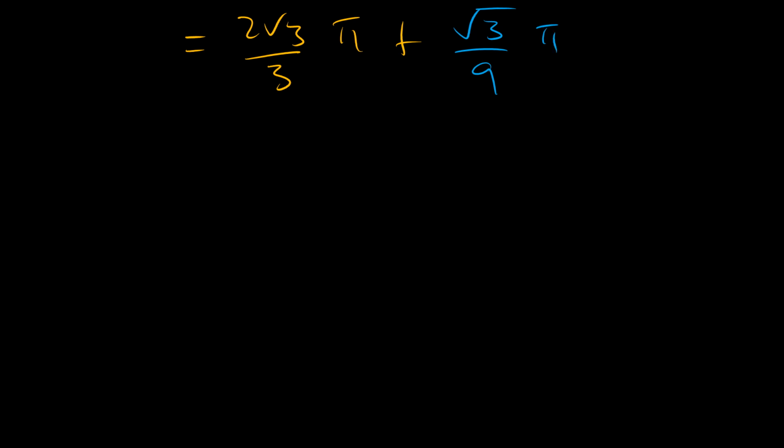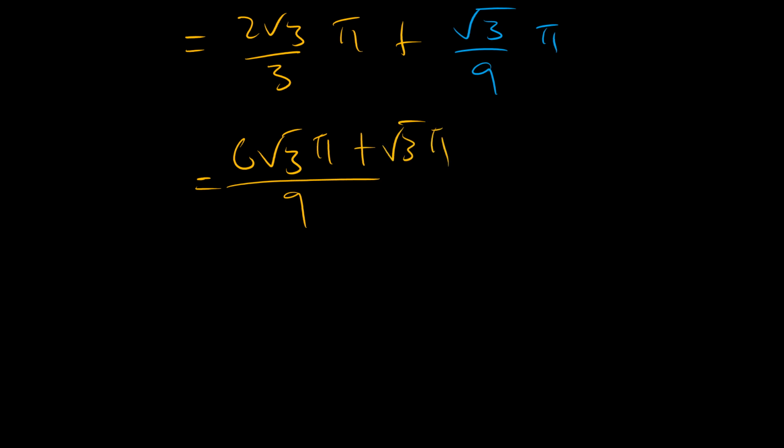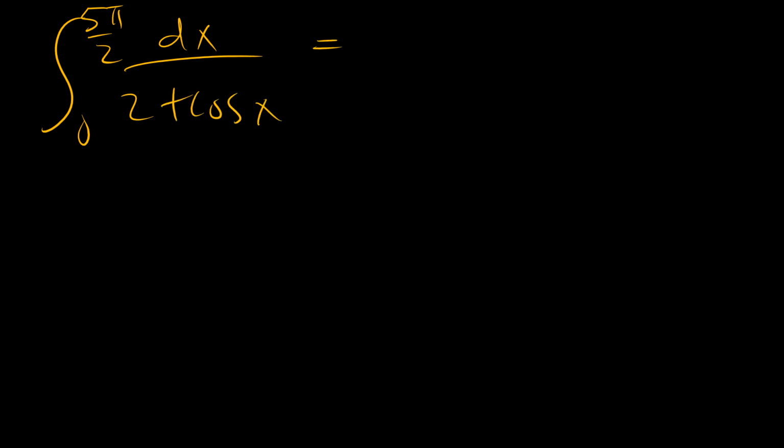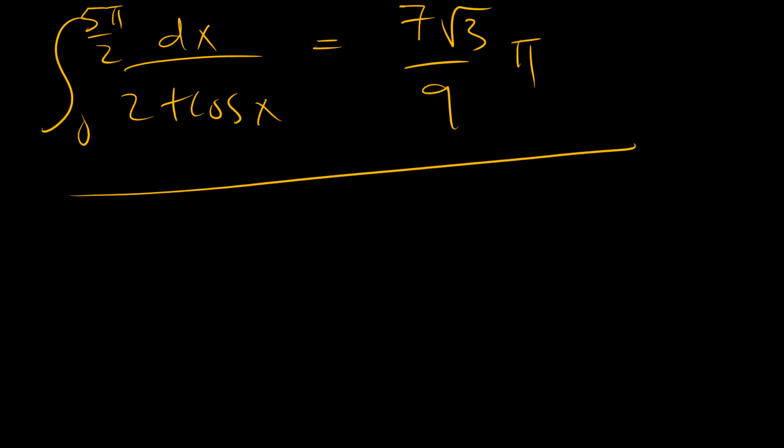So let's just merge everything there, and so we get 9 as our denominator, and 9 divided by 3 is 3. 3 times 2 is 6 root 3 pi plus root 3 pi, and this becomes 7 root 3 over 9 pi. So our problem that started as a very benign problem is equal to 7 root 3 over 9 pi. That's the answer.